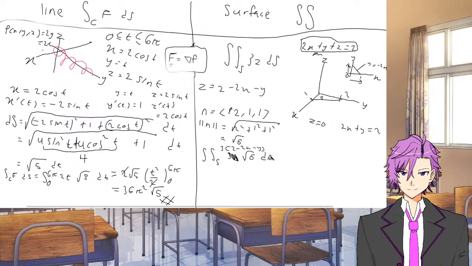So we'll change this to dx dy, x approaching 1, y from 0 approaching 2 minus 2x, 2 minus 2x minus y.